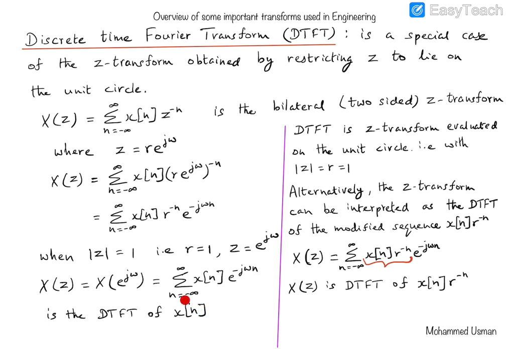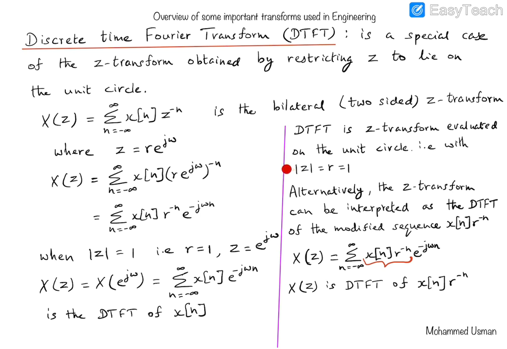So by restricting the value of R in the Z transform to be equal to 1, the Z transform expression reduces to the DTFT expression. So clearly we see that the DTFT is basically the Z transform evaluated on the unit circle.